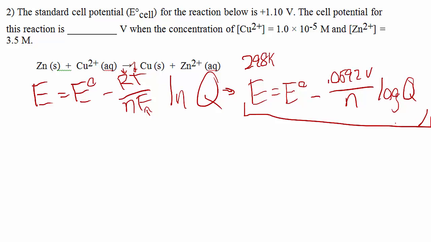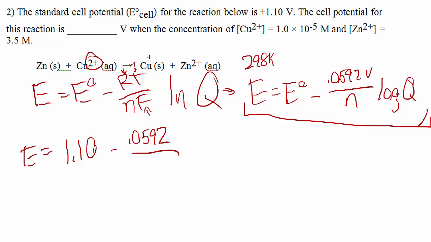All right, so let's do some number crunching. E equals the E naught, which is that 1.1 volts, minus 0.0592 over, let's see how many electrons are being transferred. Cu goes from plus 2 to 0, so that's 2 electrons.